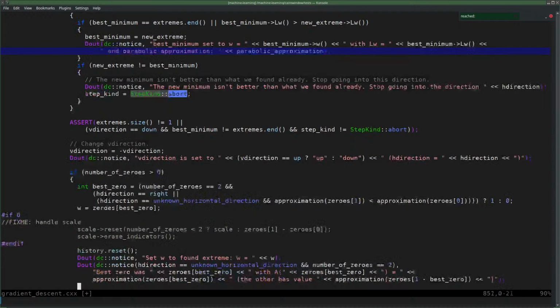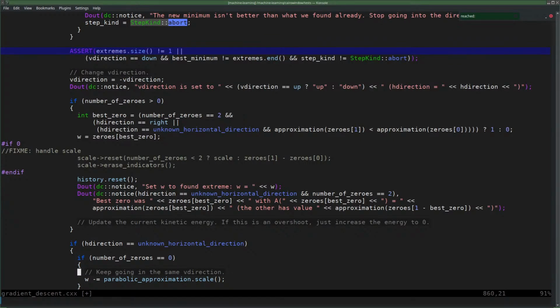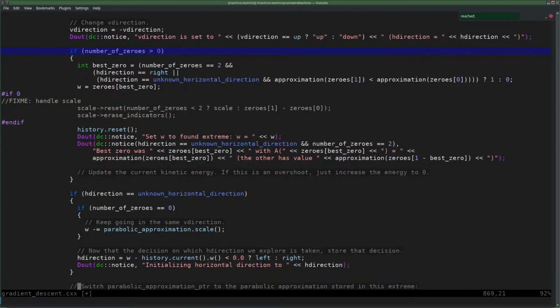And then we set, well, then H direction must be set depending on that. So when there was an else here, that was definitely not happening.